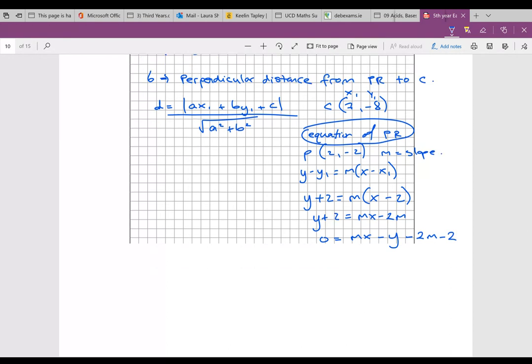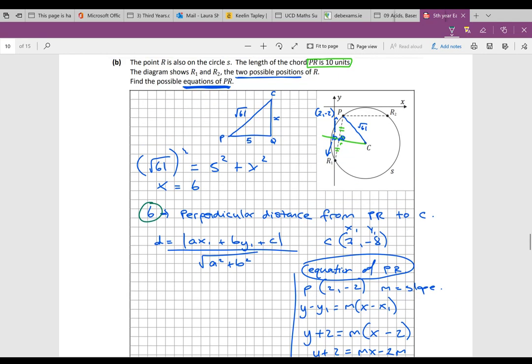Okay, so at this point, a is equal to m, b is equal to minus 1, and c is equal to minus 2m minus 2. Okay, and I can use this information. I'm just going to change my pen to make it a little bit easier for viewing. I know that line, regardless of where it is, because remember I said that I could have also used this one here, and this chord is also 10.